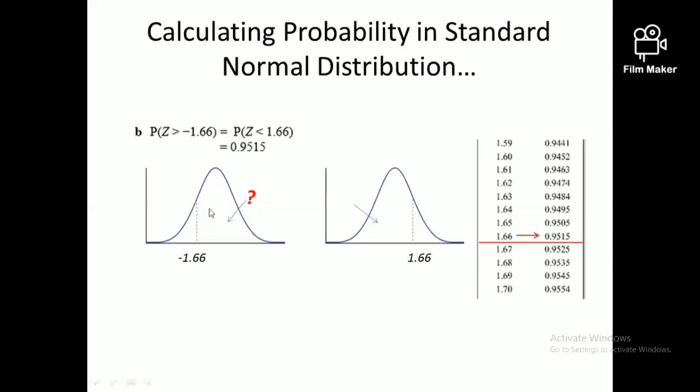So how do you get this area? Obviously we can read the probability of 1.66 straightforward. 0.9515. That is its total area, which is similar to the area over here. Therefore, the probability of Z is greater than minus 1.66 would be 0.9515.